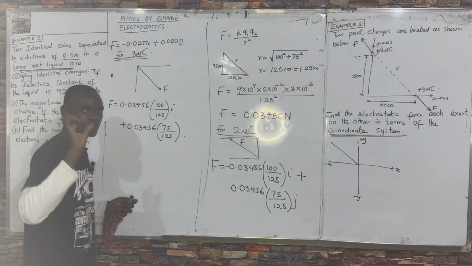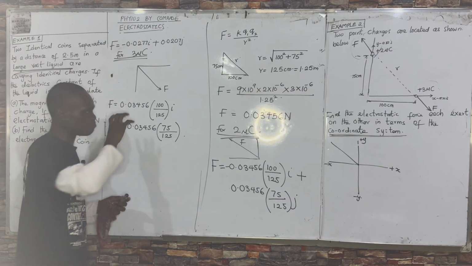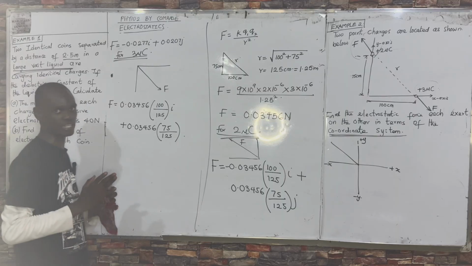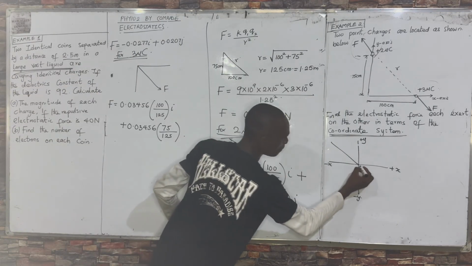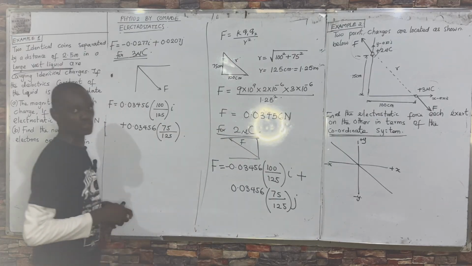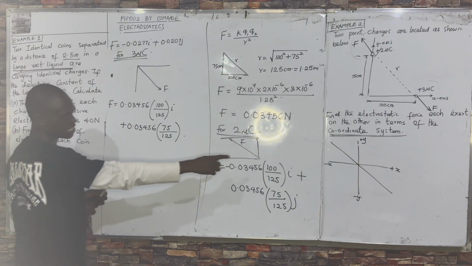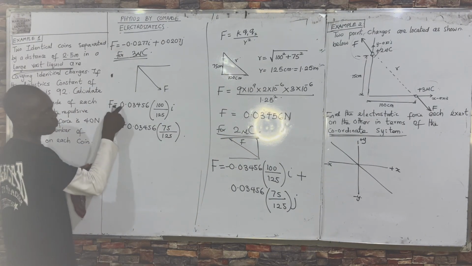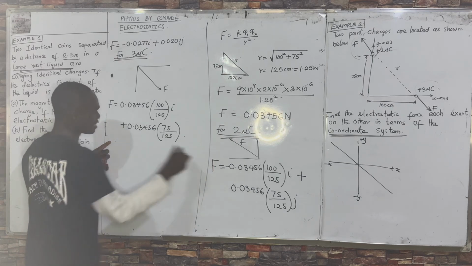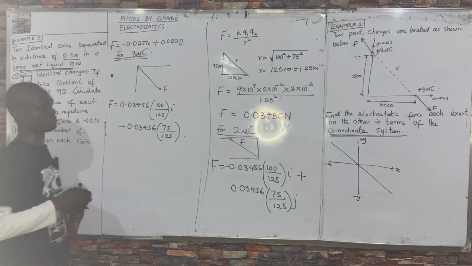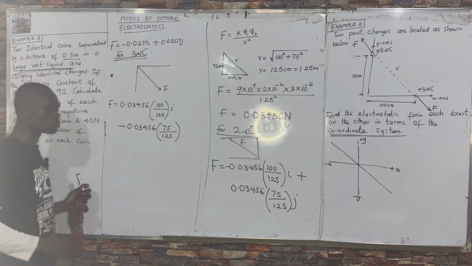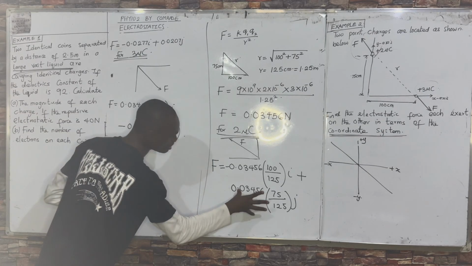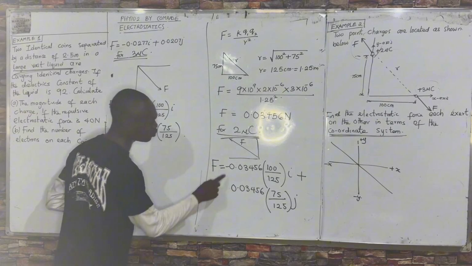Do not forget, force will have magnitude and direction. And if you notice, this part is somewhere here. So the horizontal for that one will be what? Positive. And the vertical will be what? Negative. Make sure that force, or vector, has magnitude and what?